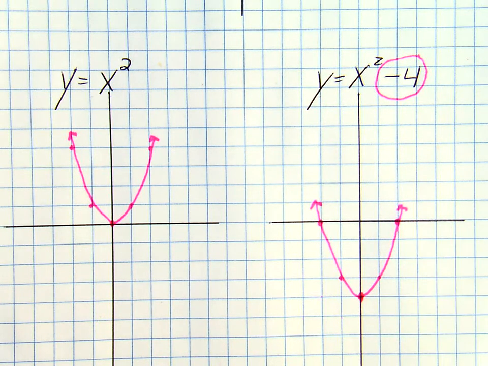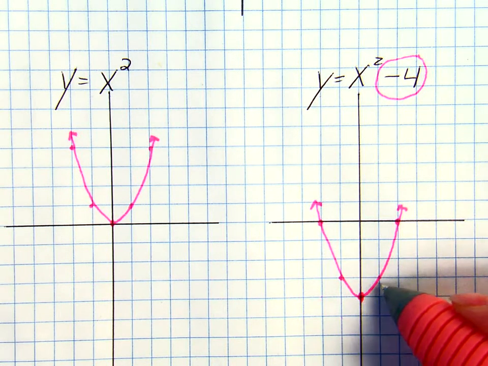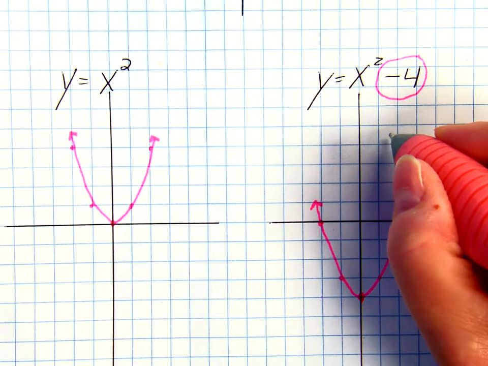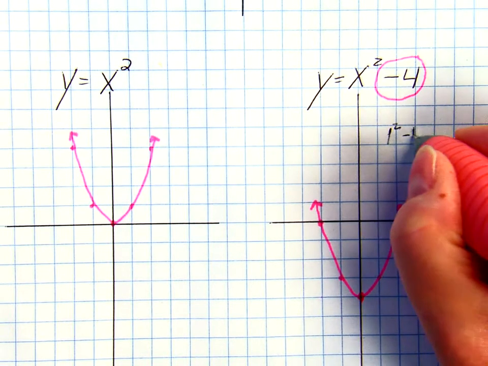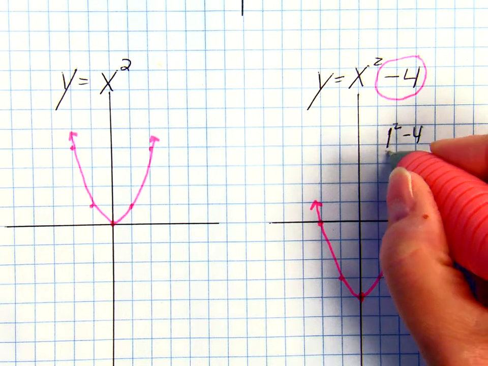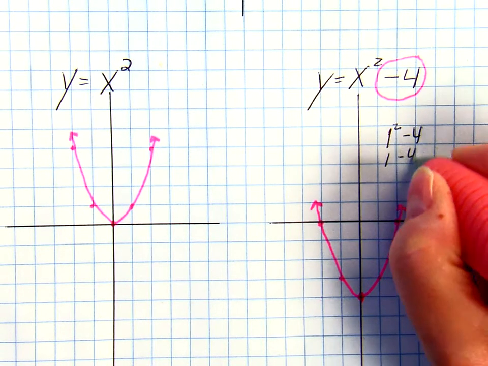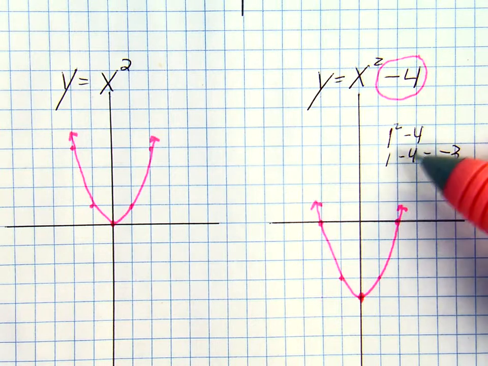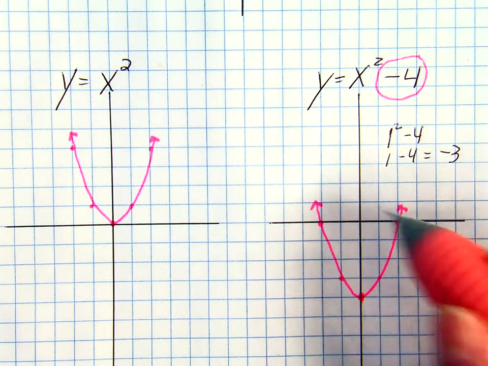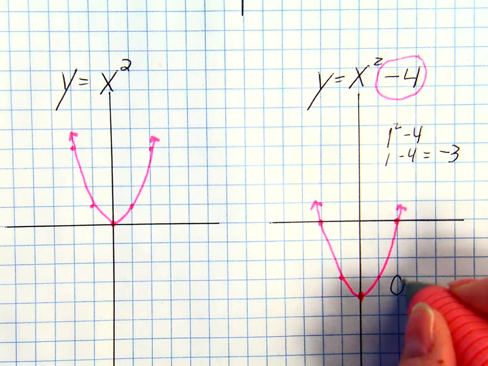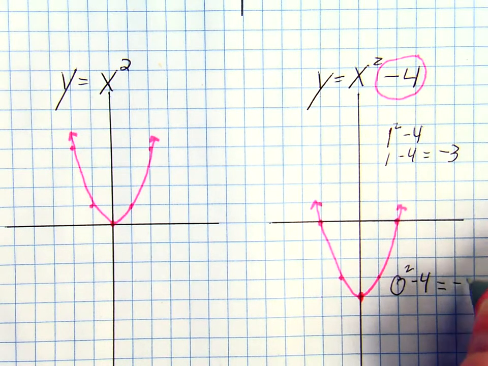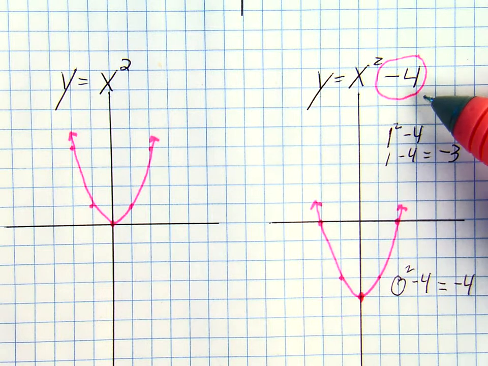And if you were to look at the points, let's look at when we put a 1 into this. So we would have 1 squared minus 4, which would be 1 minus 4, which would equal -3. And here, when we put the 0 in, 0 squared minus 4 is, of course, equal to -4.